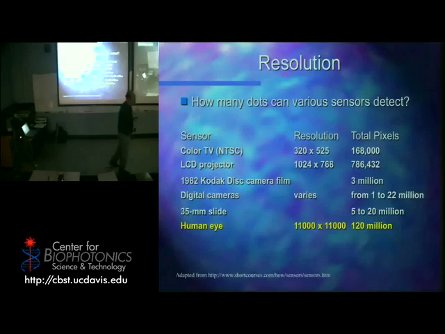So why would we create resolution better than the human eye? Well, there are already gigapixel cameras. People have made cameras that capture 1 billion pixels of information. But there is more information there than we could perceive.